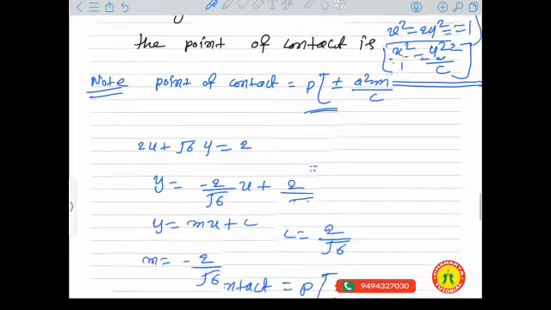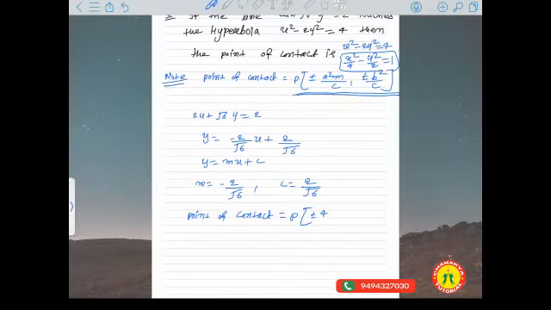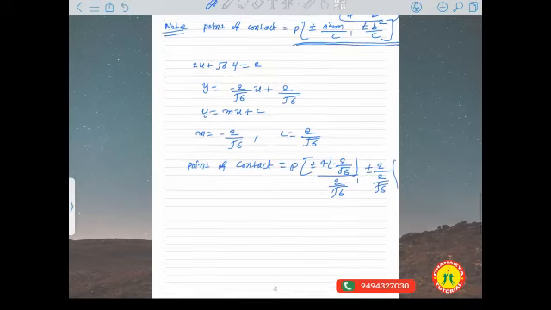So A square is 4. m is minus 2 by root 6 and c is 2 by root 6. And now plus minus B square by c, where B square is 2 and c is nothing but 2 by root 6. So we get the point of contact P, got the point of contact, right?